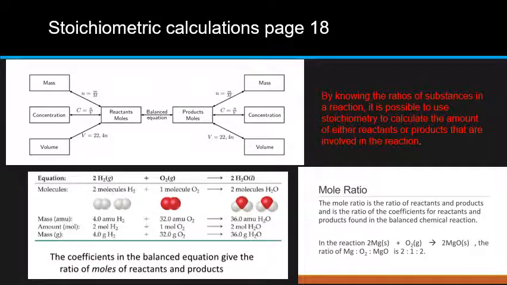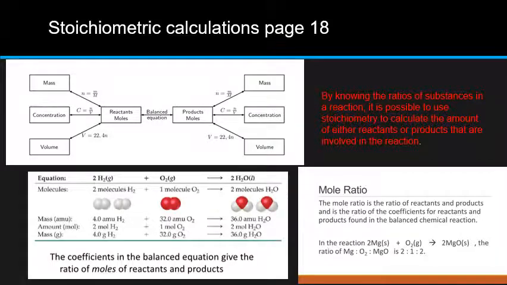And that ratio, if I increase one of the reactants or one of the products, then I'm going to have to increase the other reactants in the reaction to comply with that. Because it has to be balanced at all times. It needs to adhere to the law of conservation of mass.